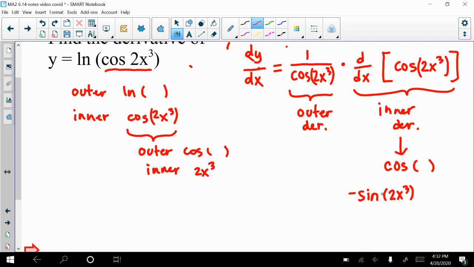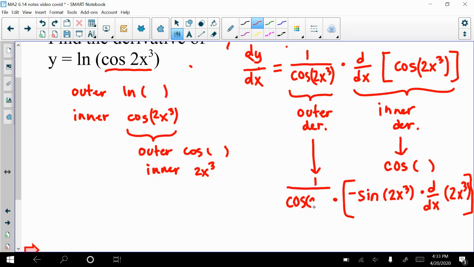That's the outside part. And then we're going to multiply it by the derivative of the inside part. So outside with the inside still waiting to be dealt with. And now we're going to deal with it by taking the derivative of 2x cubed. So this right here, that's the derivative of the inside. This is all going to be multiplied by what we've already done up here, which was the derivative of the outer.